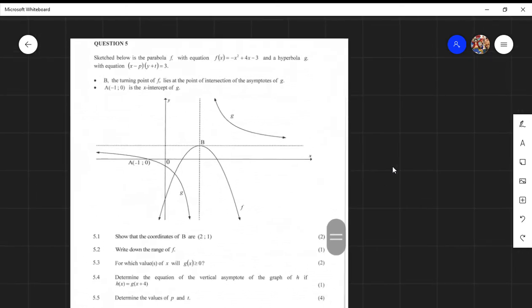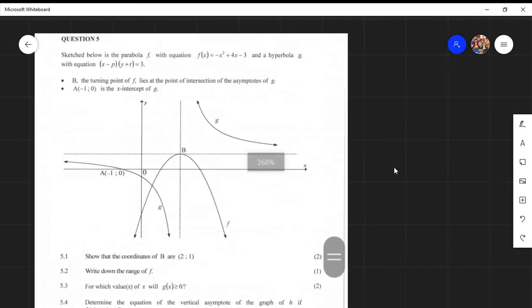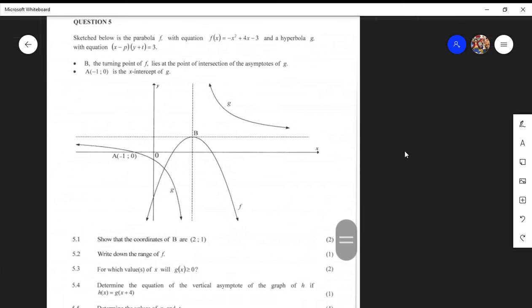Okay, let me see if I can zoom in. And how about that? Is it fine for everyone? Okay. So, again, for anyone who didn't hear, this is the 2016 November Gauteng paper.